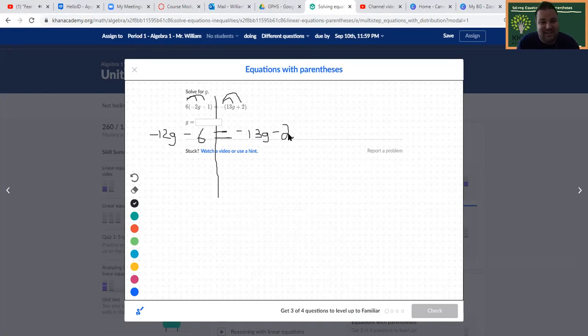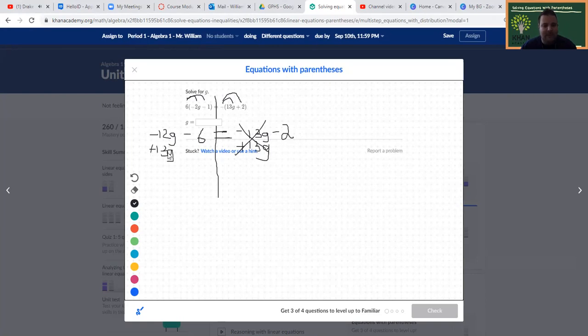And now it's back to the same game as the previous skill in Khan Academy. So now we have basically variables on both sides, and we're just balancing the equation. So what I'm going to do is add 13g to both sides to get rid of it on this side.